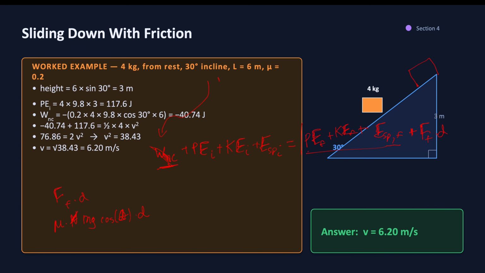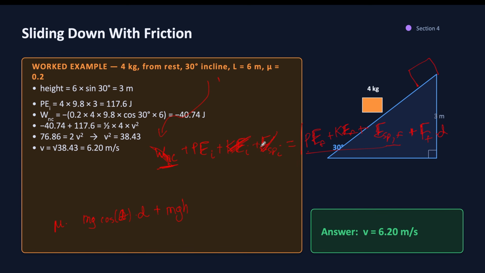So that plus mgh initial, right? Which is what? 4 kgs. Or for right now, actually, let me write all of this in variables, okay? Because sometimes it gets simpler when I do that. So plus mgh, okay? And then kinetic energy we don't have.